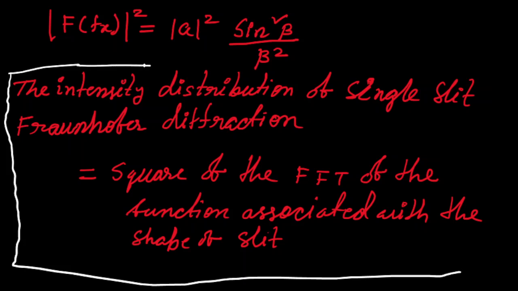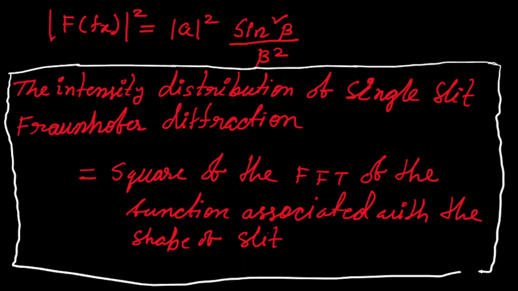This is the main idea that you should know to solve this type of problem when the examiner asks you what will be the diffraction pattern associated with this slit shape. Okay, so what is the main concept?